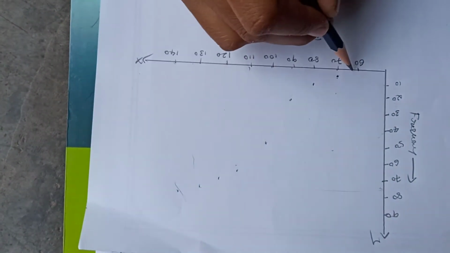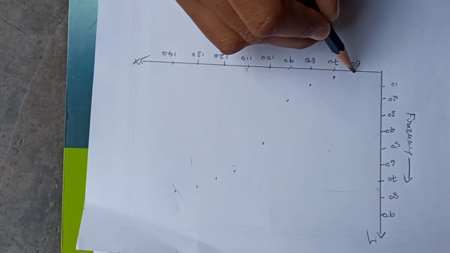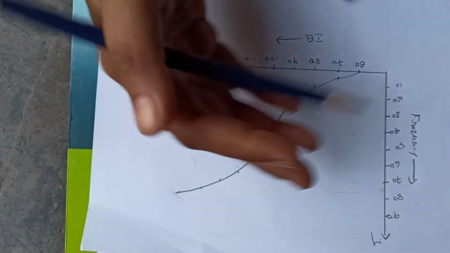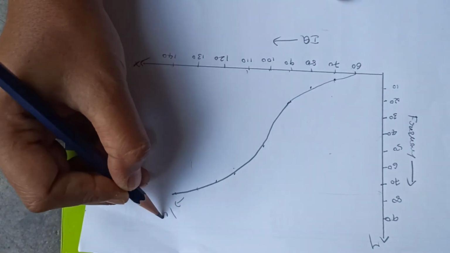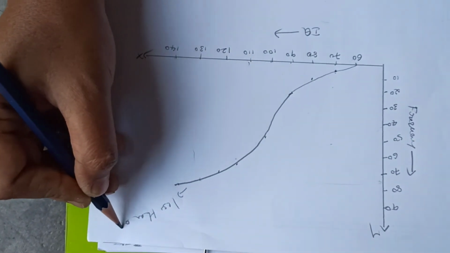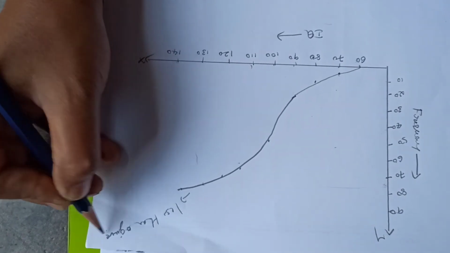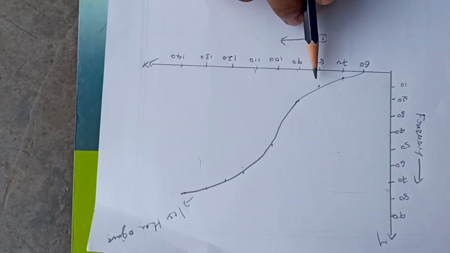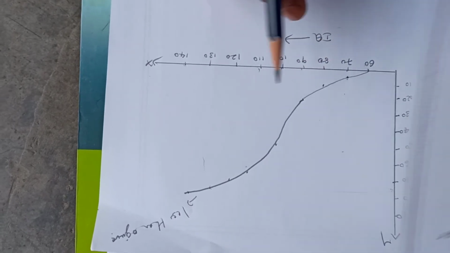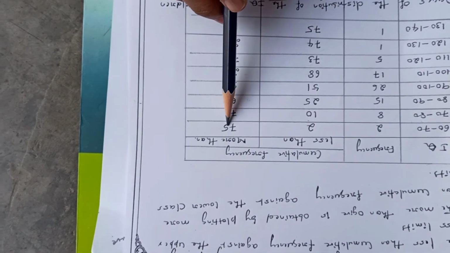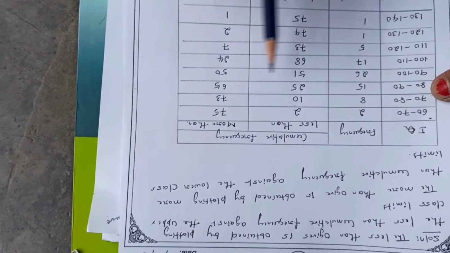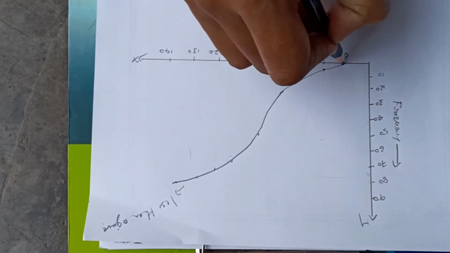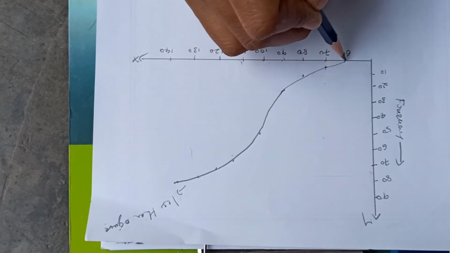So here let us join this curve. This is the less than ogive curve. Now let us draw the more than ogive curve. More than 60 is 75 students, so more than 60 will come here.